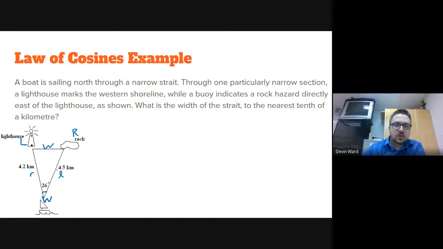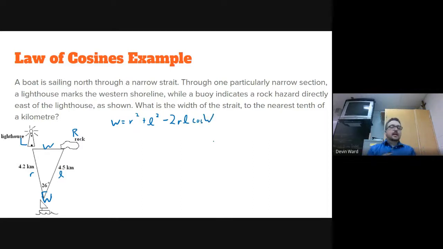We know what r is, we know what l is, and we know what capital W is, but we don't know what lowercase w is, and that's what we're looking for. So we can use w squared equals r squared plus l squared minus 2rl cosine capital W.